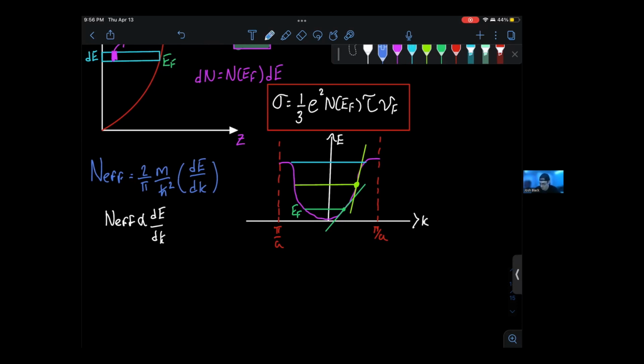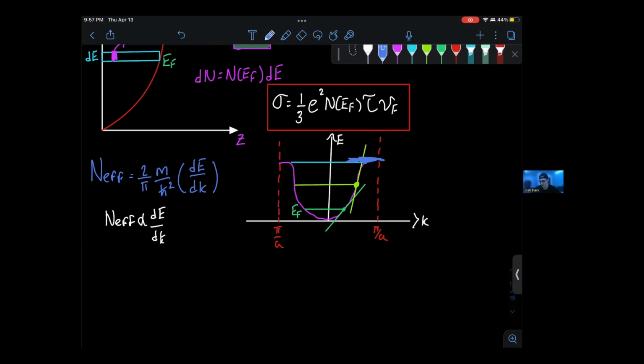Then the derivative at our Fermi level here looks like this. And what's that derivative? Well, we know that derivative is 0. So what kind of material must this be? Well, it must be an insulator. Very good. Hopefully you said that with me.